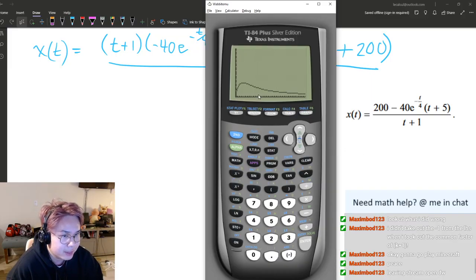So here's my graph, and then I want to find out where the most salt happens, and this is a graph about the salt. So calculate the maximum. Left bound, right bound, make your guess.